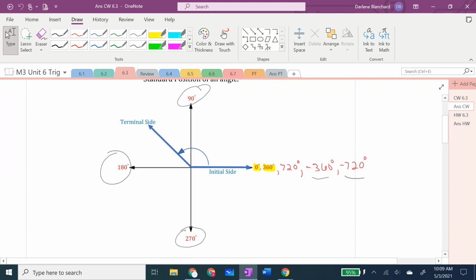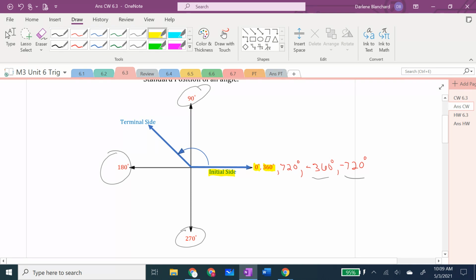And you can also see here that I've got the vocabulary word initial side. So the ray that is on the positive x-axis of an angle, that is called the initial side of that angle.